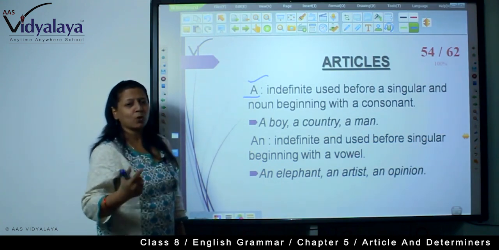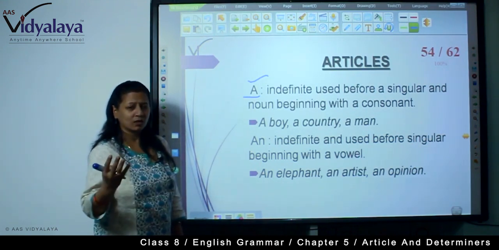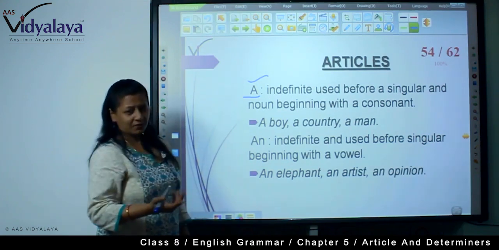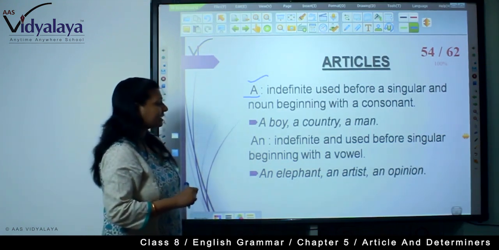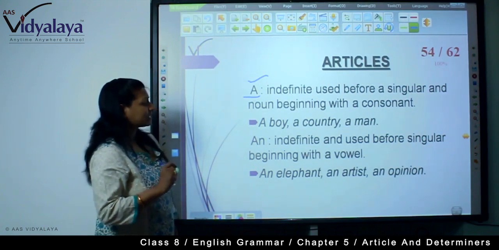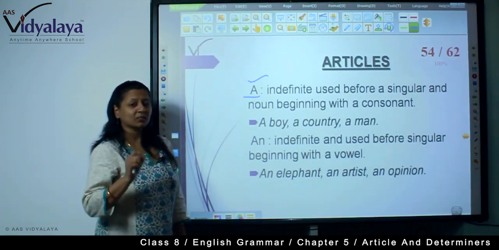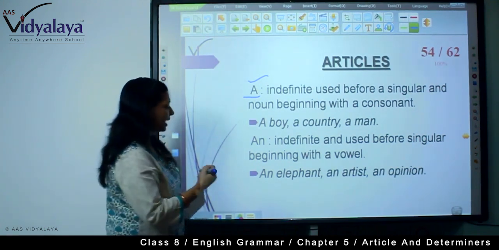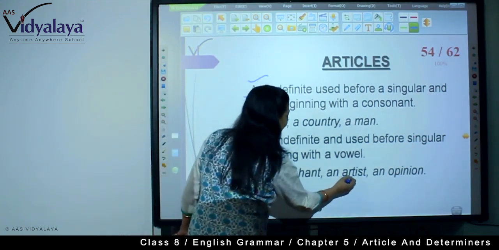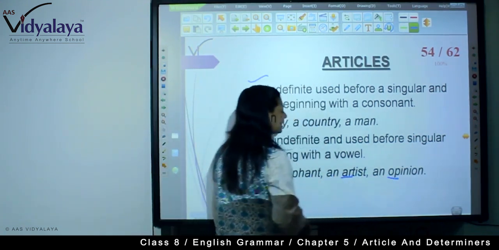A ball, a boy, a girl, a house, right? A country, a man, whatsoever. And an is also indefinite, but it is used before a singular noun beginning with a vowel. For example, an elephant, an artist, an opinion.